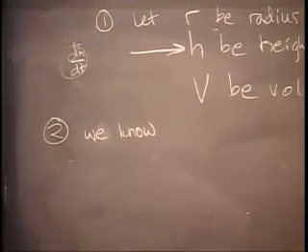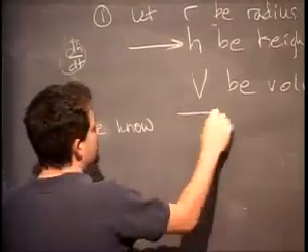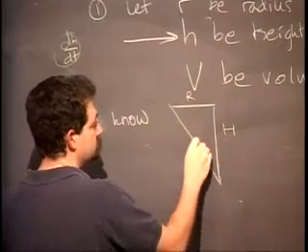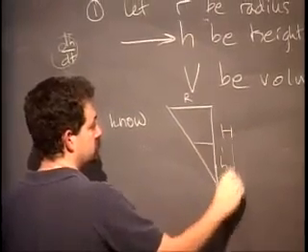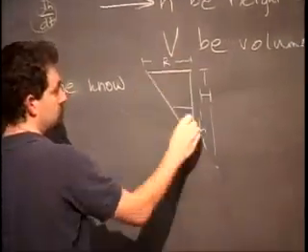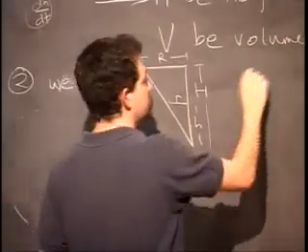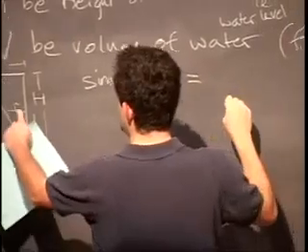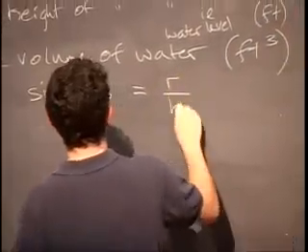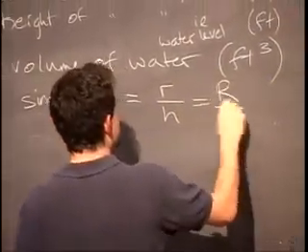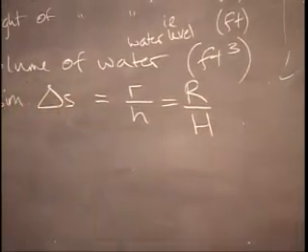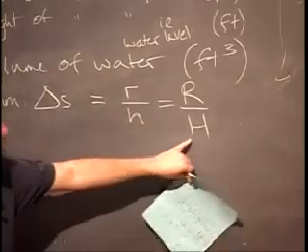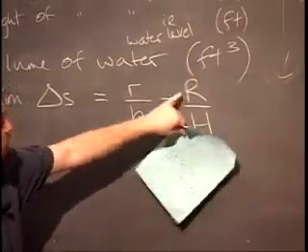All right, so step 2, we have similar triangles here. However high the tank is, similar triangles tells us that little r over little h equals big R over big H. But actually, we knew that the height of the whole tank is twice the radius.